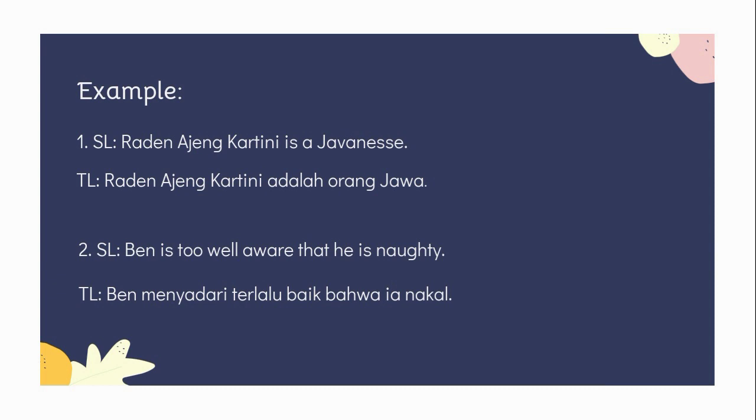The second example, Ben is too well aware that he is naughty. The target language is Ben menyadari terlalu baik bahwa ia nakal. Those examples transfer cultural words and preserve the degree of grammatical and lexical abnormality, or the deviation from source language norms, in the translation.